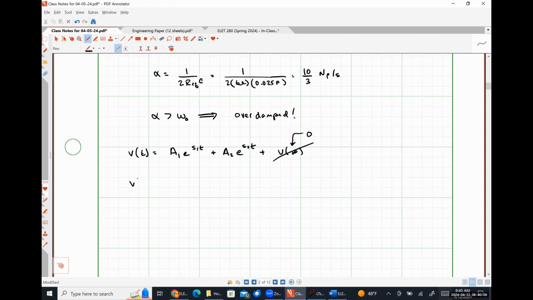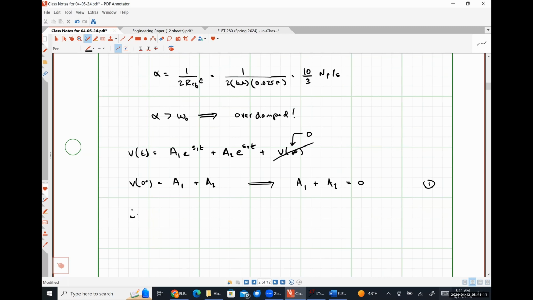So v at 0 plus is just going to look like A1 plus A2. v at 0 plus was 0, if memory serves me correctly. So our first equation in our system is A1 plus A2 is equal to 0. We okay thus far?